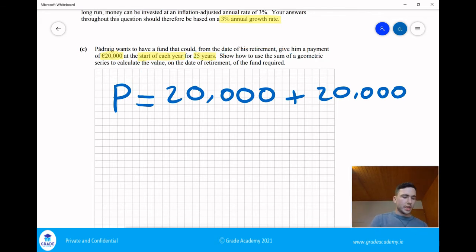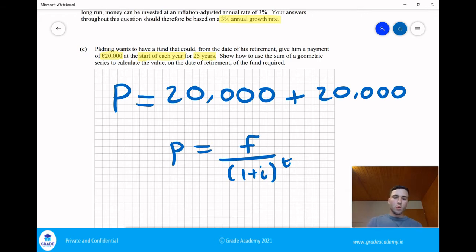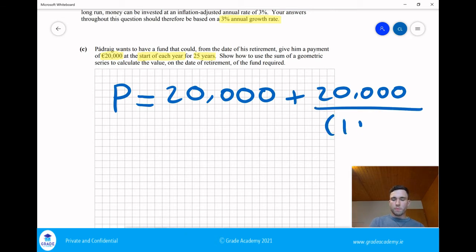So there is a formula in our log tables that says P equals F all over (1 plus i) to the power of t. So this €20,000 is the future value. Okay, so he's taken that €20,000 out in the future. So we need to just put in i and t. We're going to divide by 1 plus i.